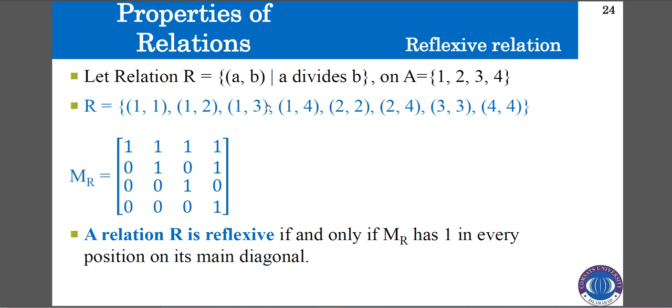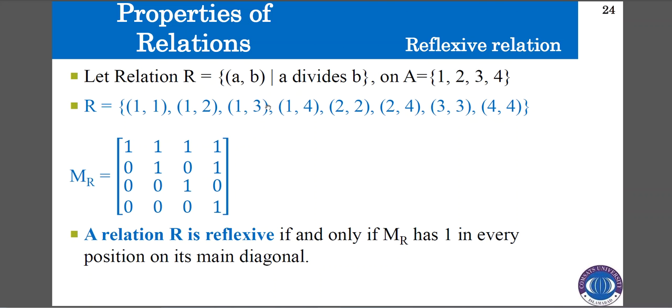Let the relation R (divides) be reflexive. When we draw this reflexive relation in matrix form, we get the following matrix. The relation R is reflexive if and only if the matrix of R has 1 in every position of its main diagonal. If a matrix has all ones on its diagonal, then that relation is called a reflexive relation.